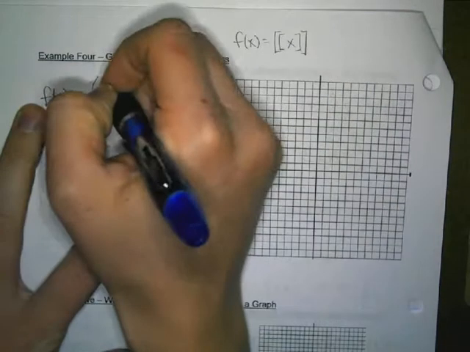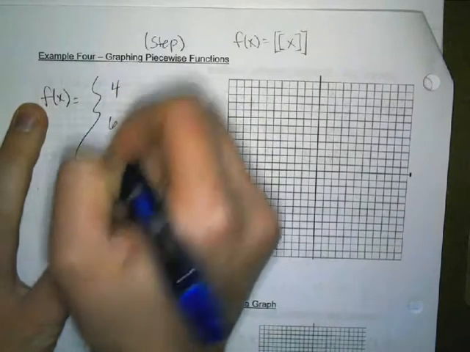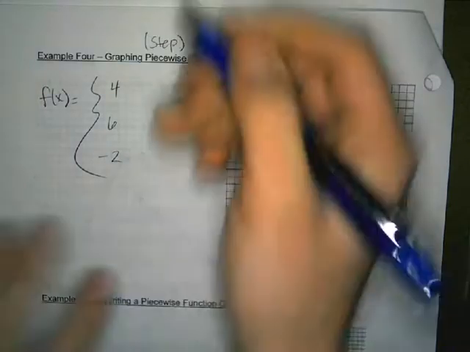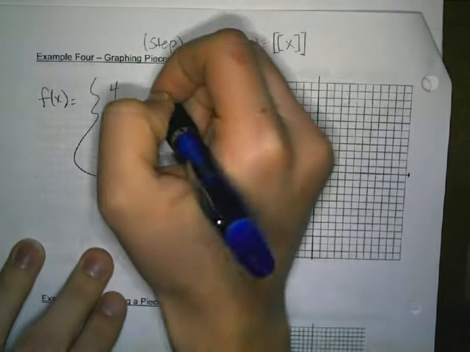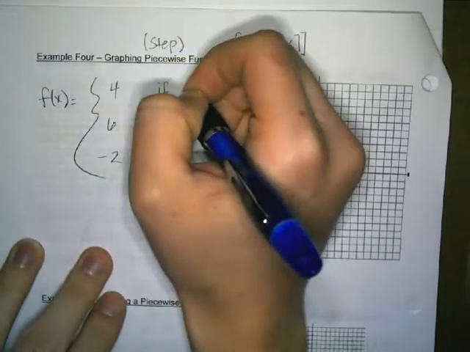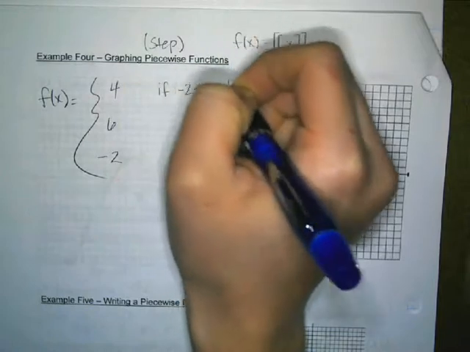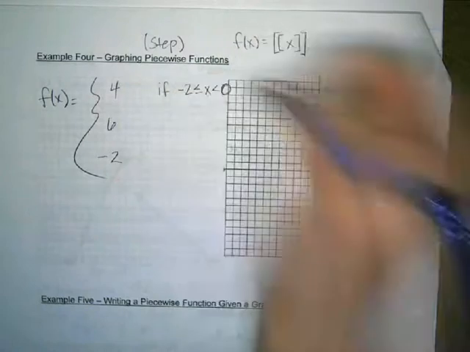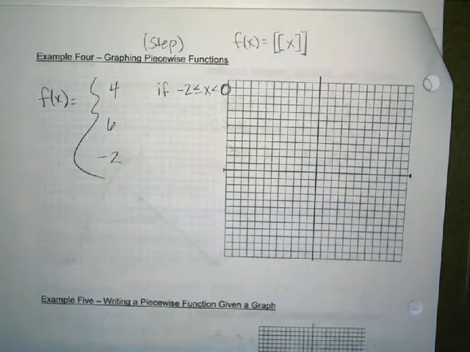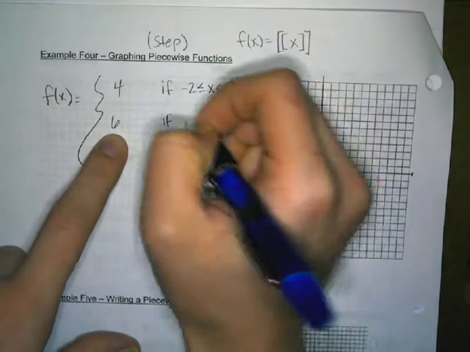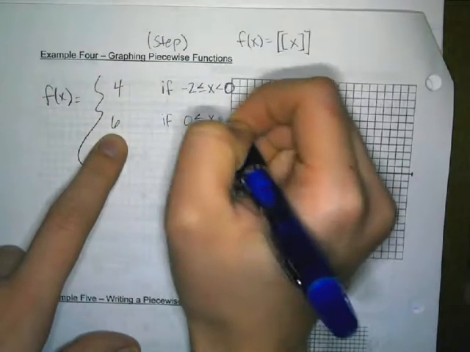Write down 4, 6, and -2. And then our domains here are going to be if x is between -2 and 0. Okay. And then the equation is going to be 6 if x is between 0 and 3.